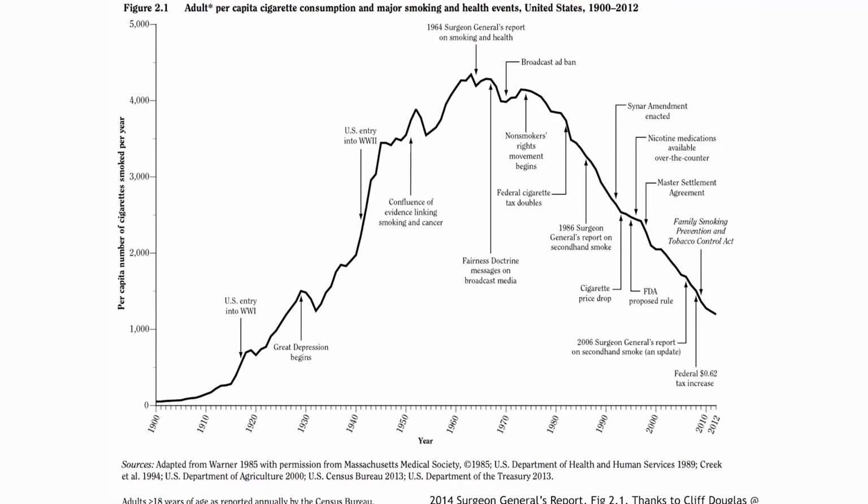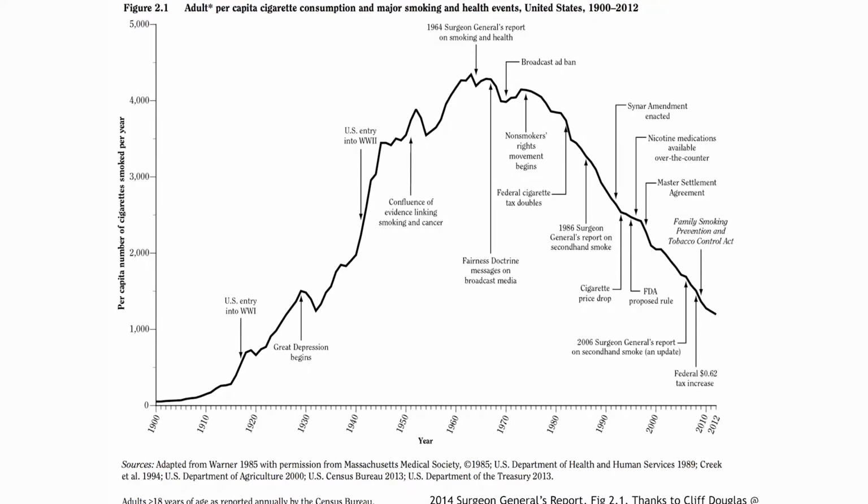This slide shows the trajectory of tobacco sales, tobacco consumption in the United States across the 20th century. And what we see broadly is a steady rise up to about 1960. The line then bounces around the top for about 20 years before turning a corner and starting to decline.